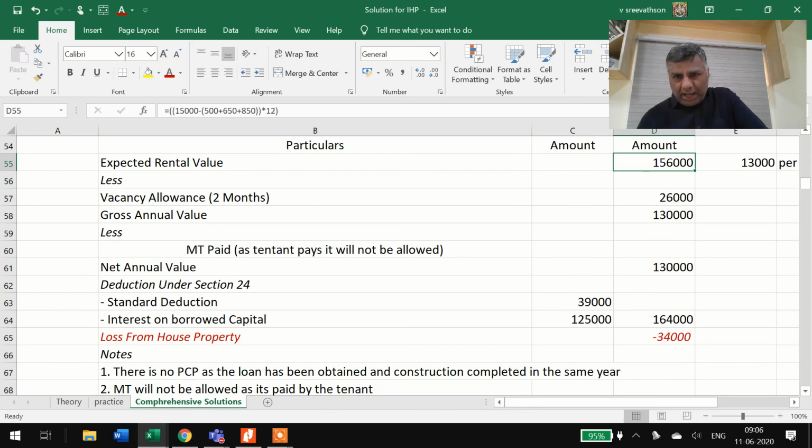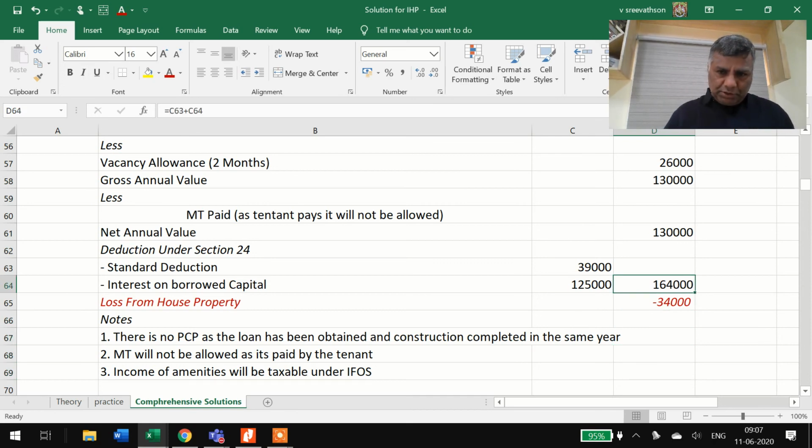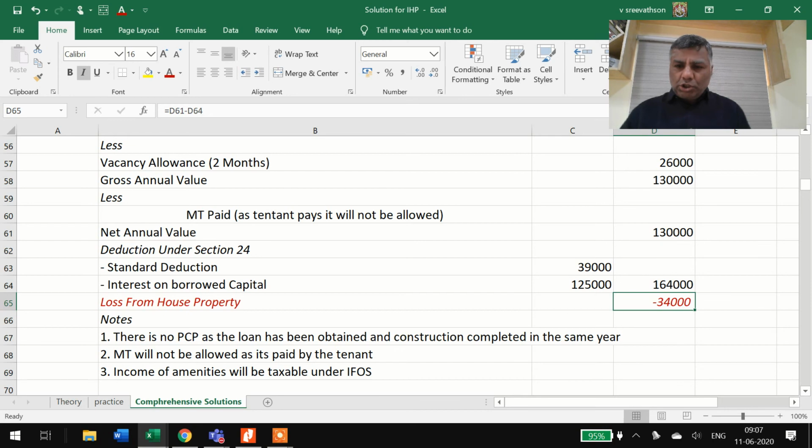You cannot tax that. So vacancy allowance, gross annual value, which becomes the net annual value. So you will end up with a loss from house property of 34,000.